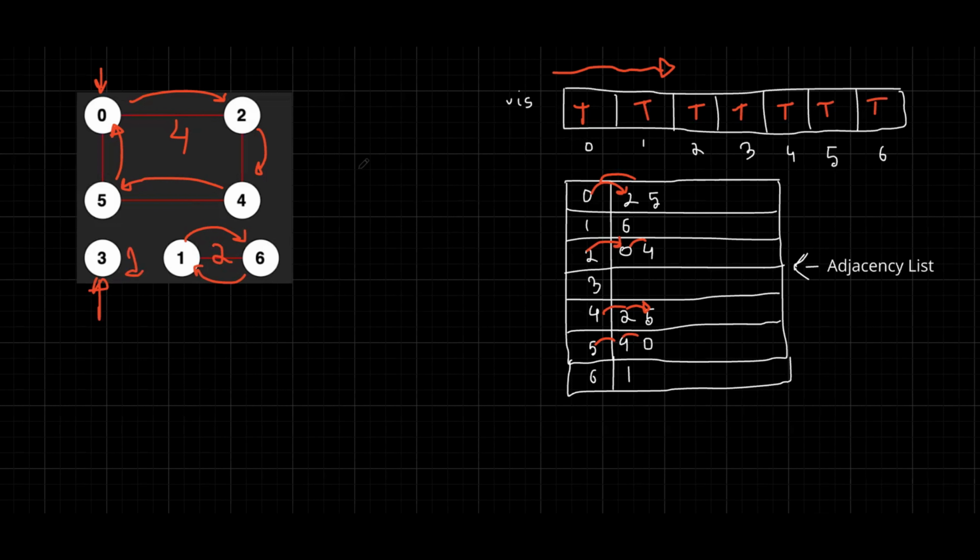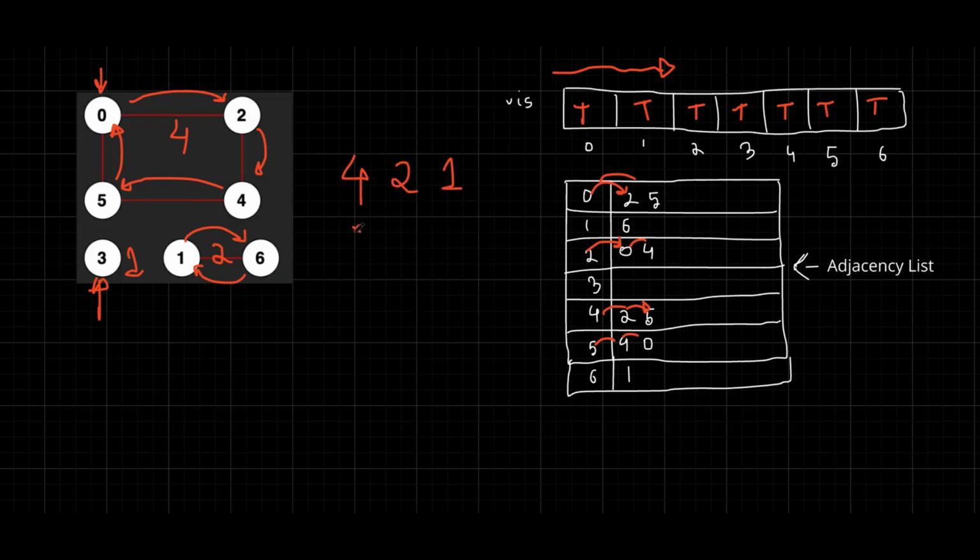So the total number of nodes in the first component is 4, in the second component is 2, and in the third component is 1.